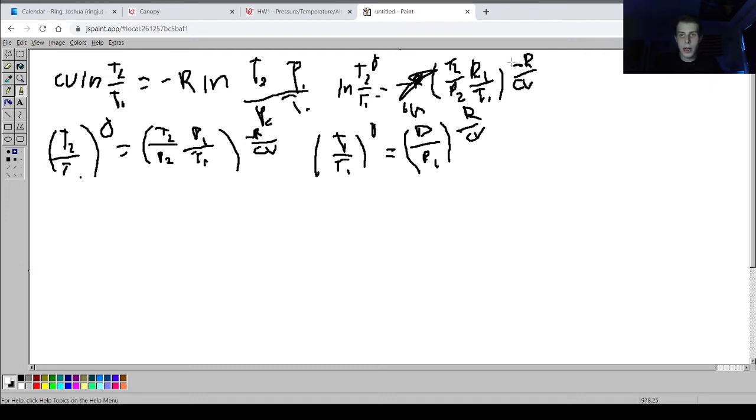Recalling how I got the gamma here for the 1 plus R over Cv, that is also equal to, I'm just going to do it here up in the corner, gamma is also equal to Cp, which is the heat capacity at constant pressure, over Cv, which is the heat capacity at constant volume.